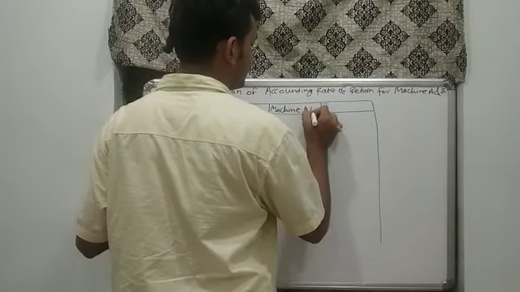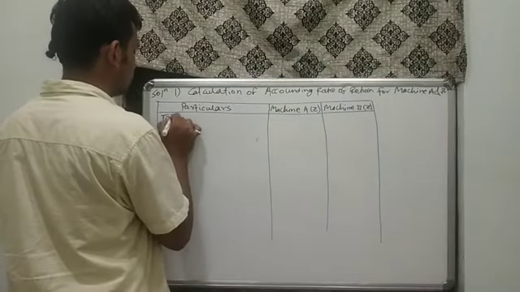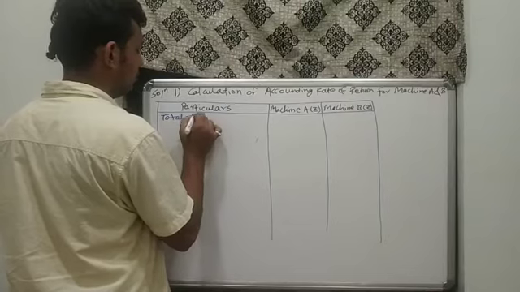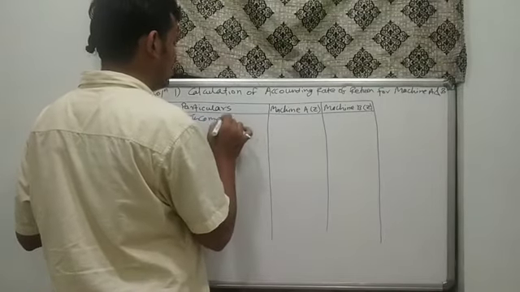First of all, we see what has been provided in the question. We have been provided with the total income. It has been directly given as the cash inflows after depreciation and taxes.